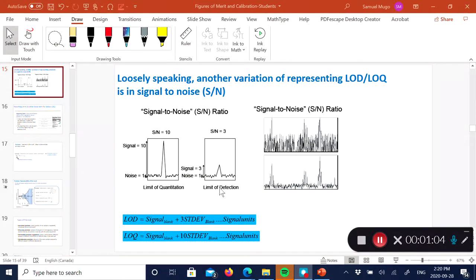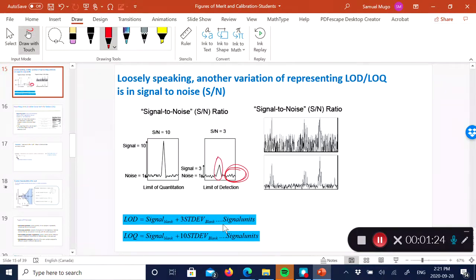But you would find in some literature the signal to noise equals 3 as a definition for the limit of detection, which you can see is not necessarily wrong. So that is a signal of the blank, and this is the signal of the analyte, and the height of that minus the height of that equals 3, which is very similar to what you have in this relationship.